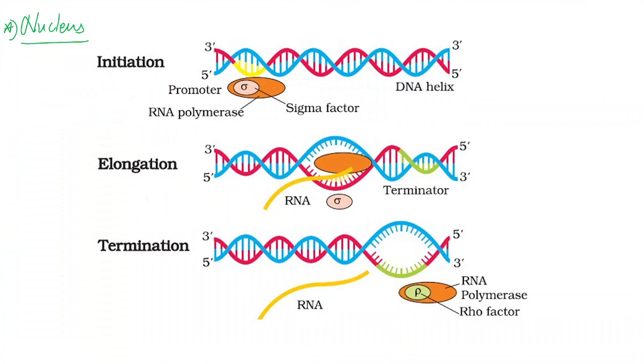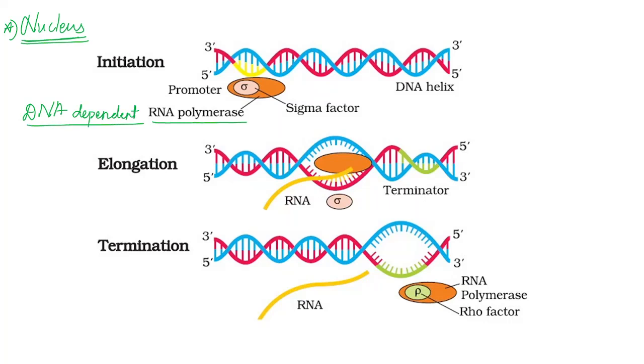The process of transcription takes place inside the nucleus of a cell, with the help of the enzyme RNA polymerase, which you can also call DNA dependent RNA polymerase.